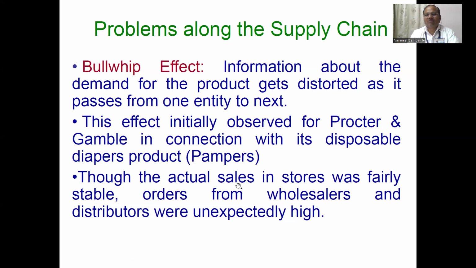This effect was initially observed in a case study of Procter & Gamble in connection with disposable diapers, or rather Pampers, as in the brand name. Though the actual sales in stores were fairly stable, orders from the wholesalers and distributors were unexpectedly high, and the sales weren't happening despite the demands.